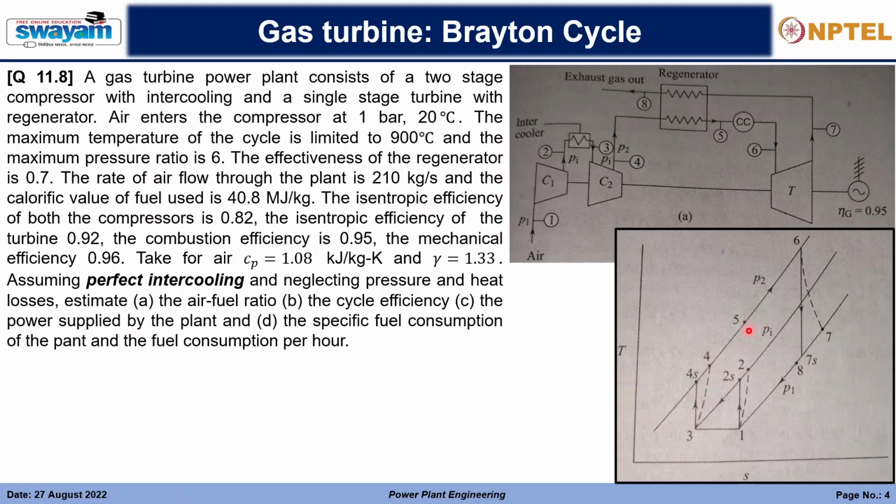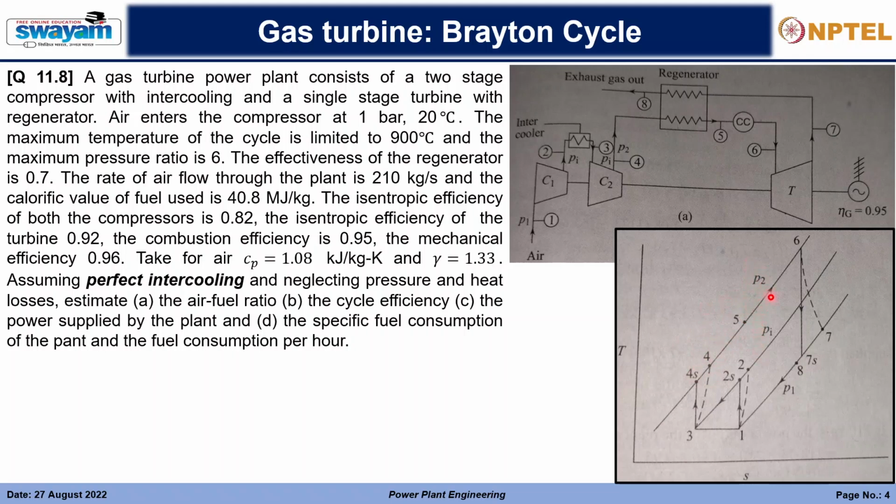The advantage is that if we consider a regenerator. So what is a regenerator? A regenerator basically utilizes the energy of the flue gas which is exiting the turbine. The flue gas exiting the turbine is at quite a high temperature, having a lot of unused energy. That energy is actually utilized to heat up the air which is leaving the compressor.